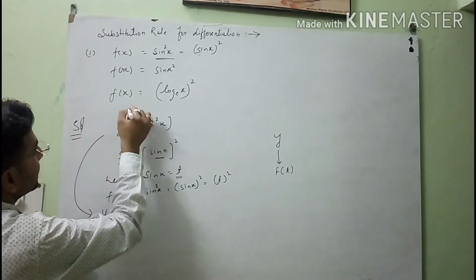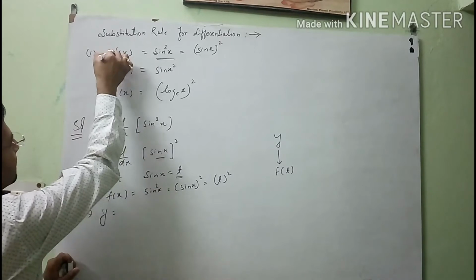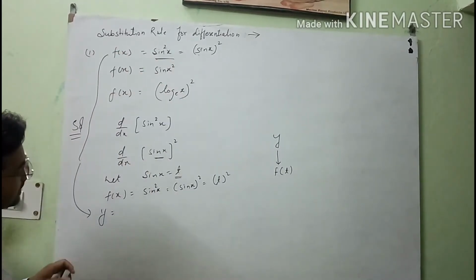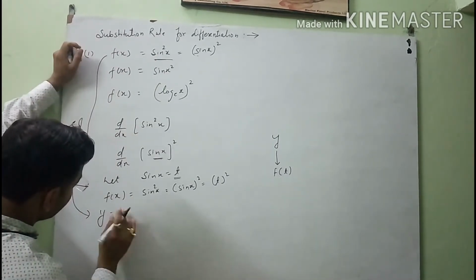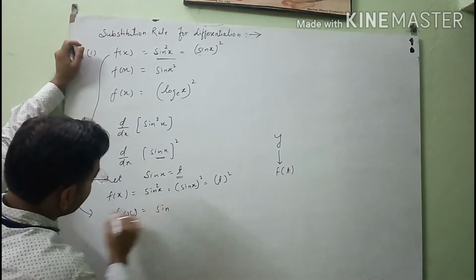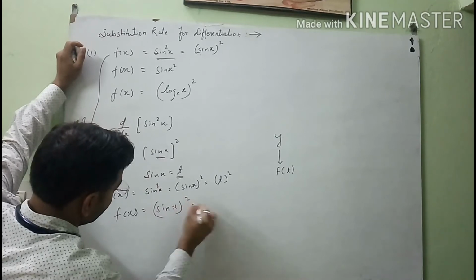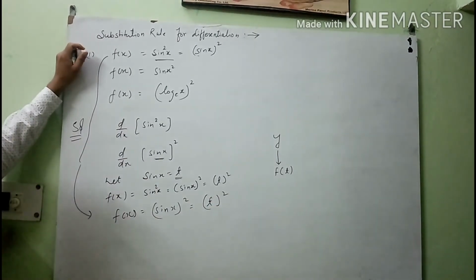If I consider f(x) equals sin x whole square, and I consider sin x equals t, then the function in front of you, f(x) equals sin x whole square, is now a function of t square, which means it is a function of t.